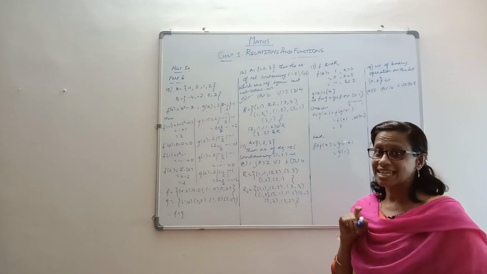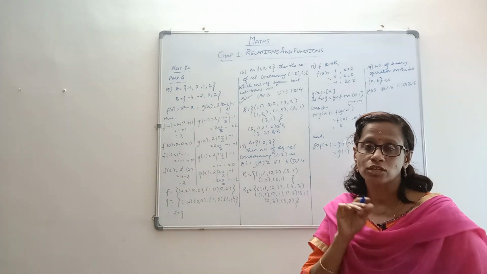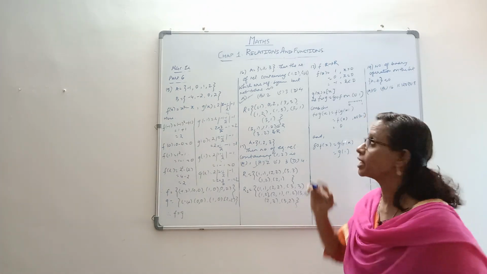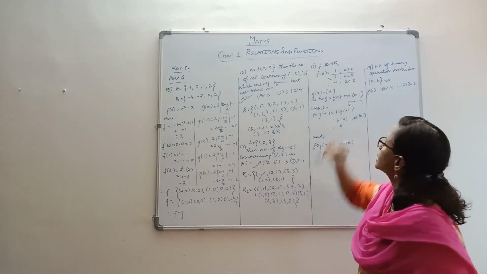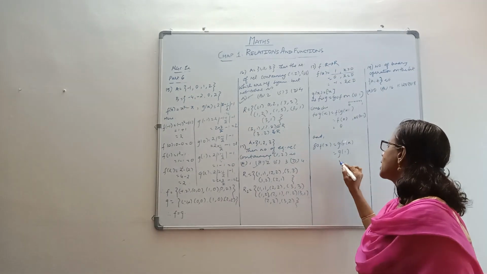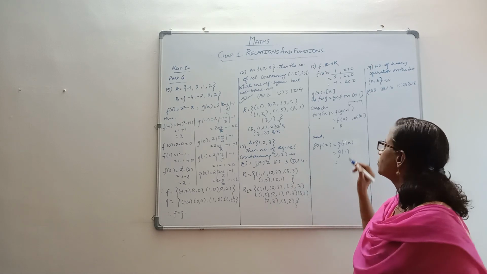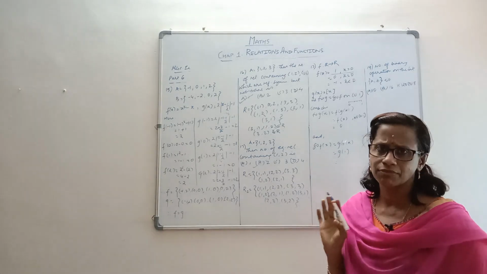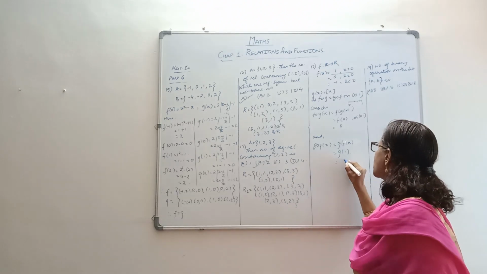So x is any value between 0 and 1, and according to the signum function, any value between 0 and 1 will give the function value 1. And g at 1: for every integer, that itself will be the greatest integer. So it will be 1.